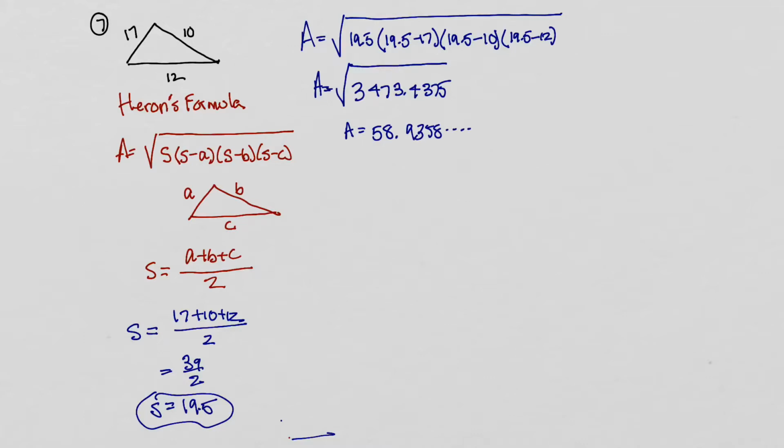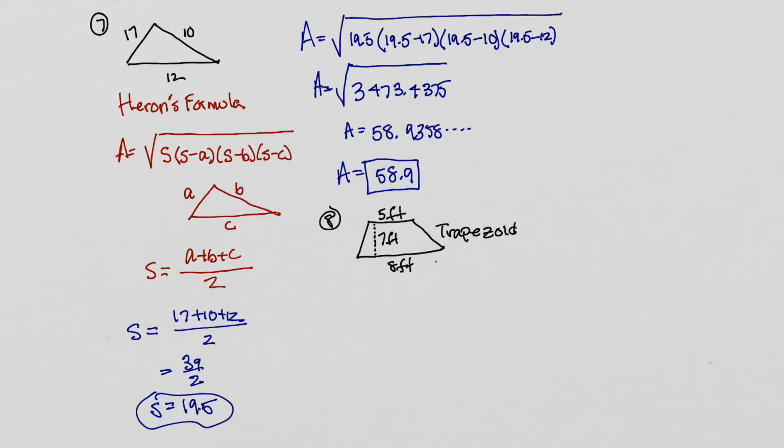But the problem tells us to round off to the nearest tenth. So there's the tenth. I look to the right, that number is below 5, so I'll drop all these digits and write the area here as 58.9 square units, whatever the units happen to be.